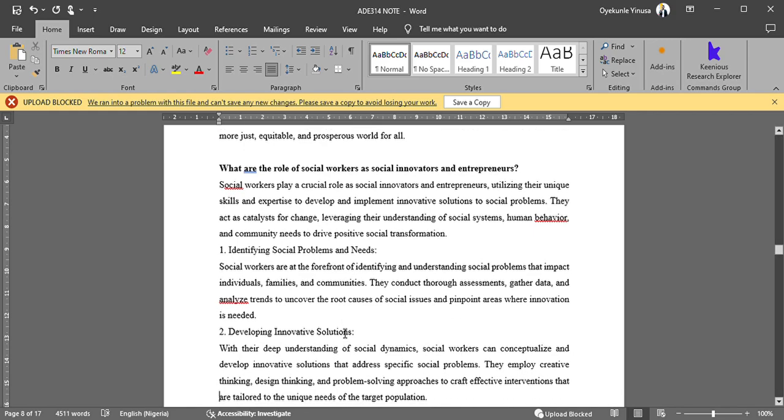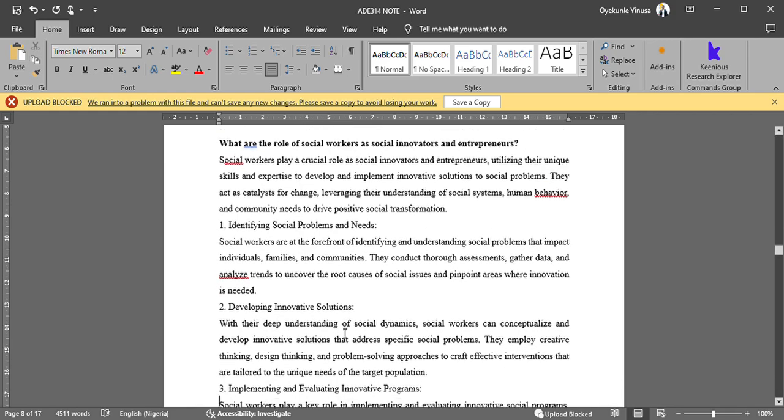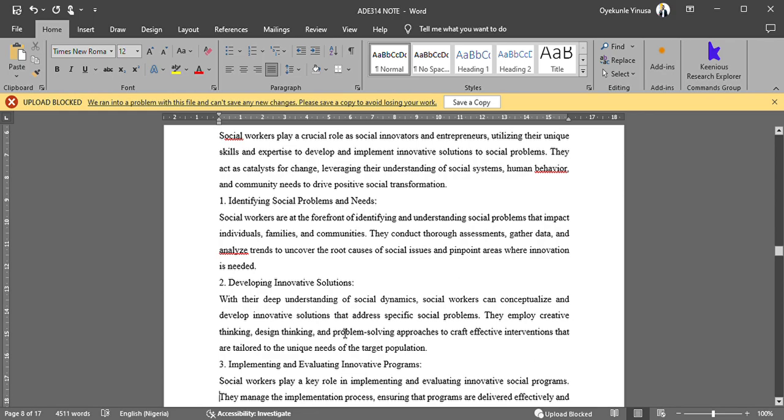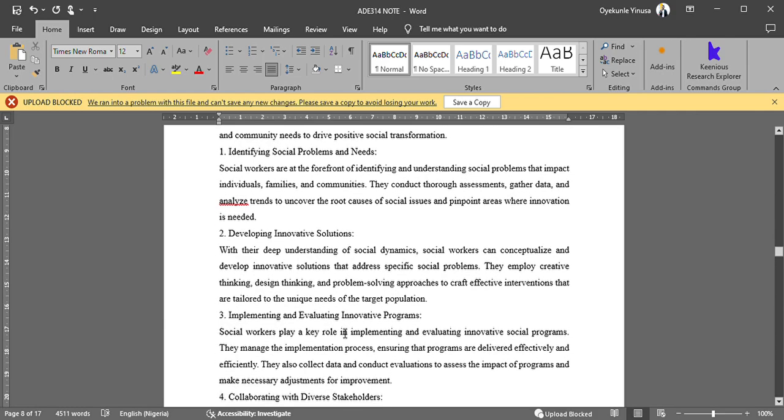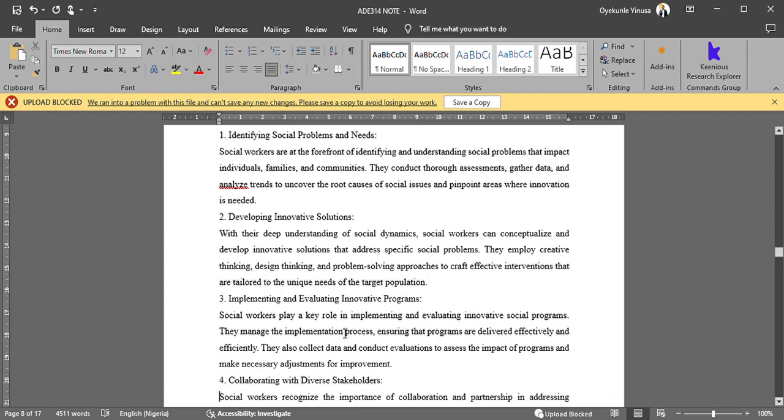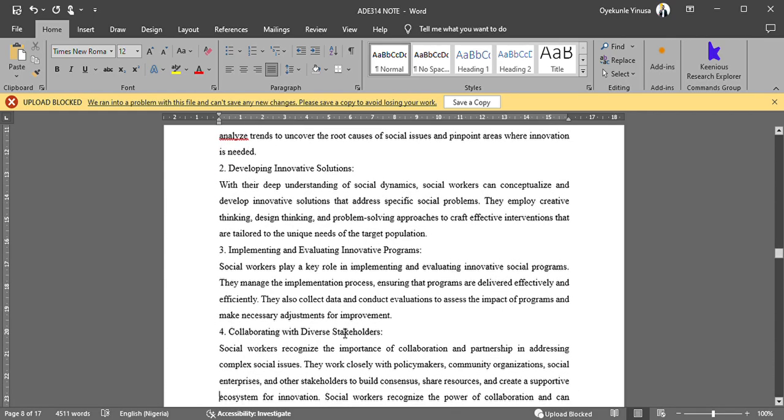A social worker who is innovative must be able to identify social problems and needs through needs assessment, through information gathering, etc. Another important role is to develop innovative solutions to the problems they have identified. Once they develop innovative solutions, they take them to the community to pilot test and redesign based on the pilot testing and information gathered.